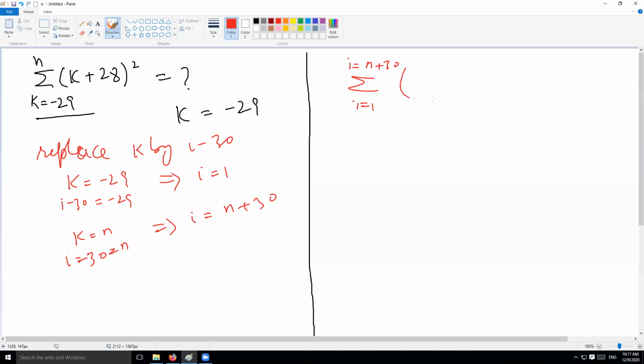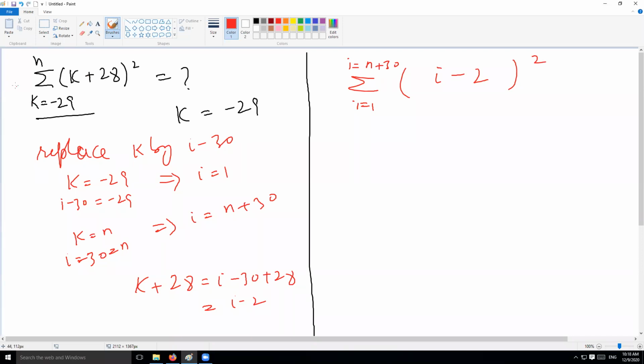And what does this interior term become? The k plus 28 will become i minus 30 plus 28. So it's going to be i minus 2, right? So the sum will become (i minus 2) squared.